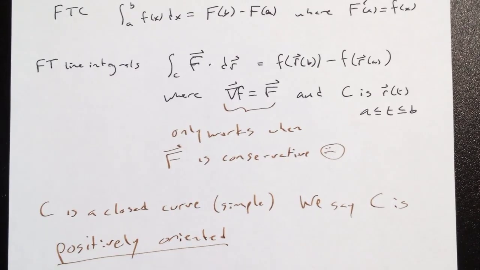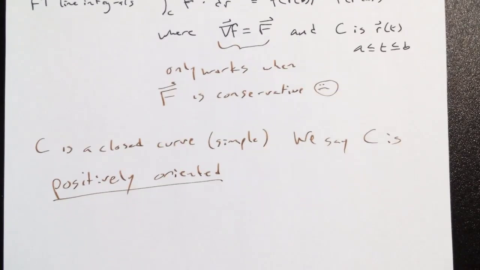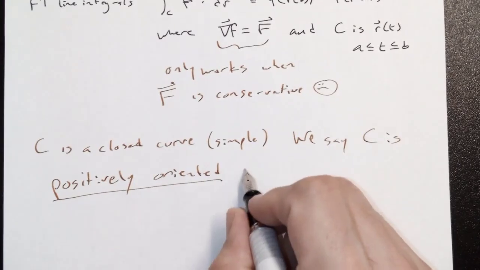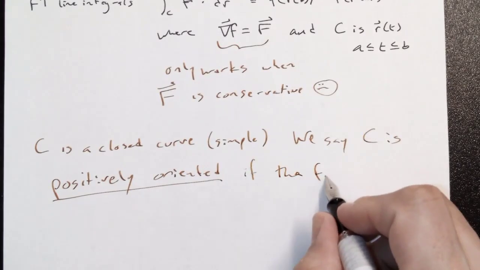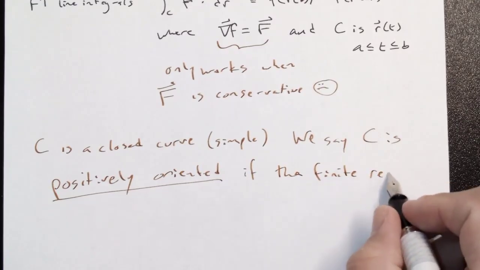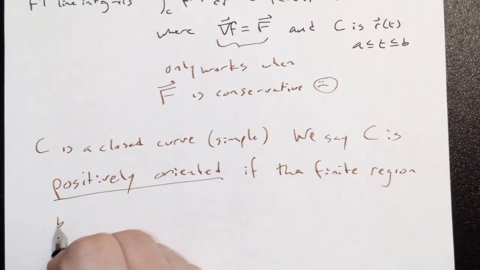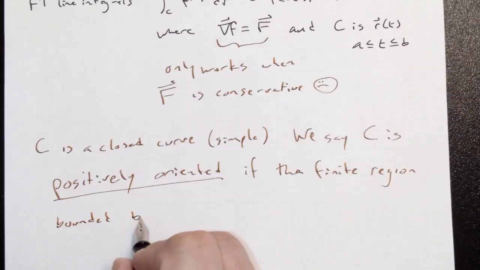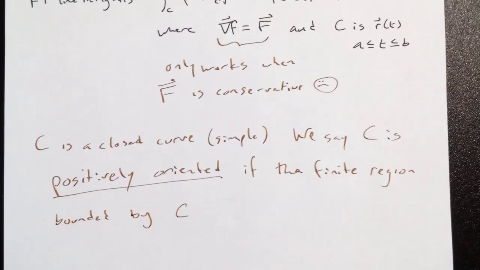I'm going to say that my curve is positively oriented if the finite region bounded by C. Okay, so I think of the piece I cut out, right? That's the inside of the curve. That's the finite part, not the part that goes off to infinity, is on the left as I walk around the curve.